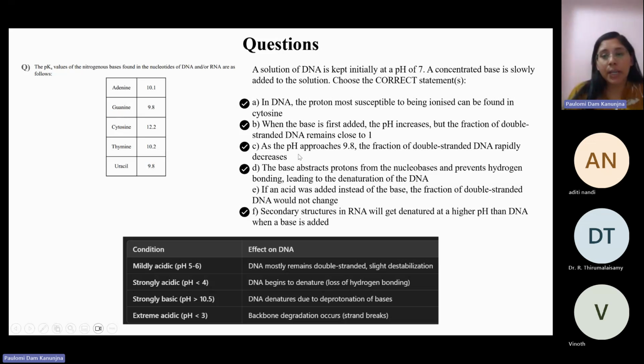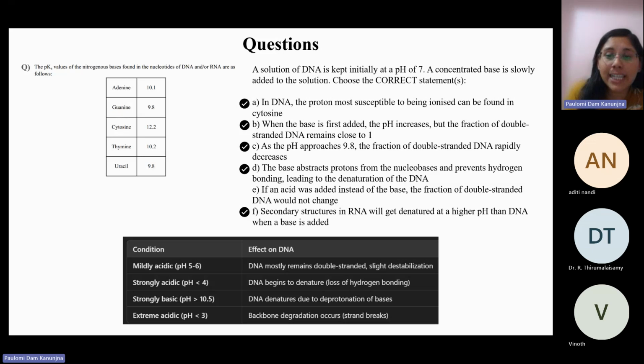Next, as the pH approaches 9.8, the fraction of double-stranded DNA rapidly decreases. This is exactly what I said just now. As your pH keeps going higher, it reaches a very great extent of basicity, your bases start becoming deprotonated, and that leads to the rupturing of the hydrogen bonds, let's say between cytosine and guanine, and that will lead to the disruption of the structure of DNA.